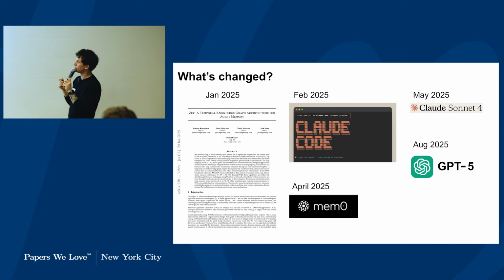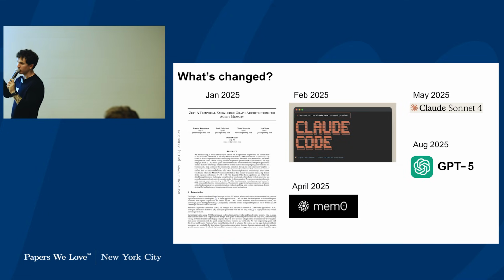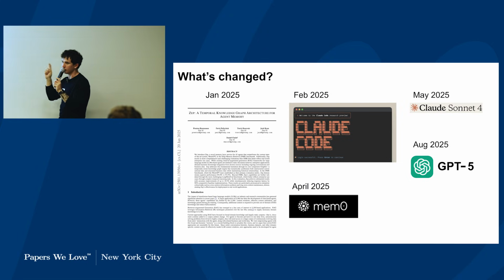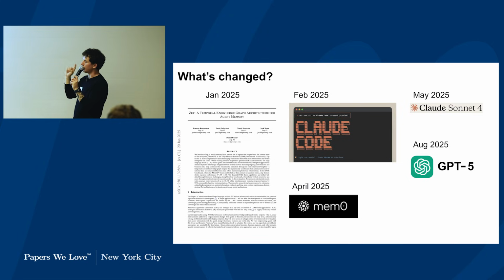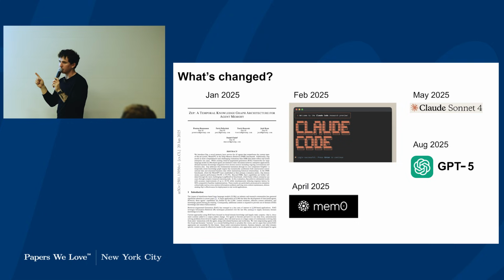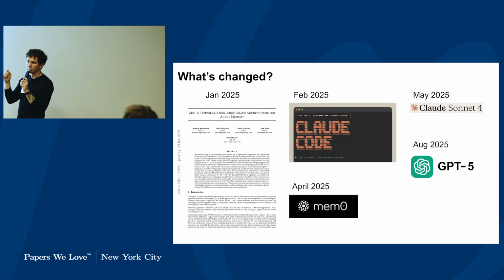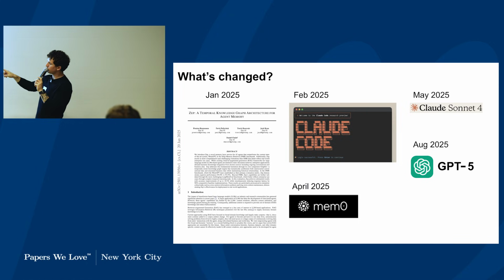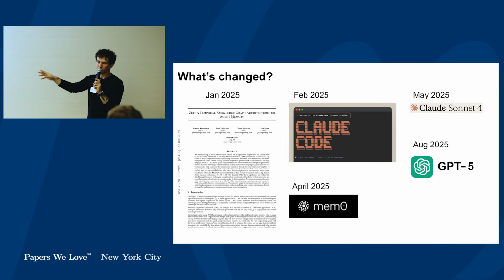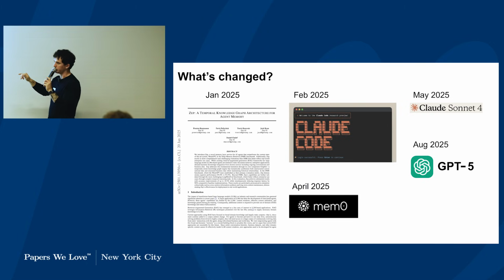So what has changed? In February 2025, we got Claude Code. That doesn't sound related, but it is, because with Claude Code, we saw the first glimpses of what an AI managing its own memory system sort of agentically looks like. That's really interesting, so we'll talk more about that here in a second. April 2025, we got MEM0, which is sort of another, at least commercially speaking, leading architecture competing with ZEP.